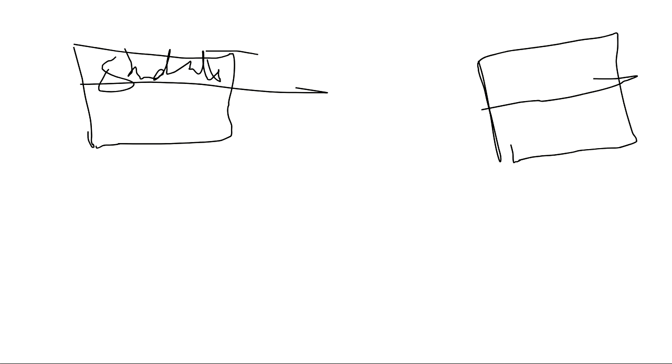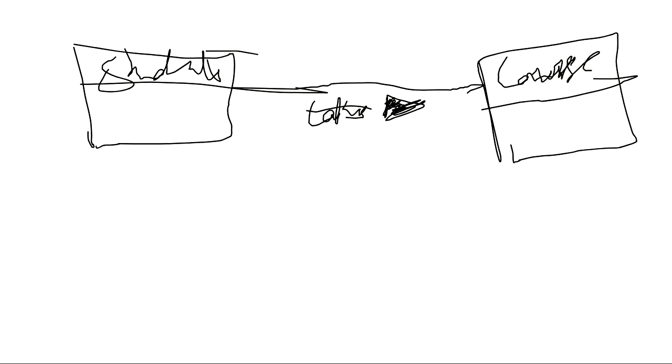Suppose I am just showing the association relationship between student and course, like student takes course. Now if I write here 1..*, and here I write 1.